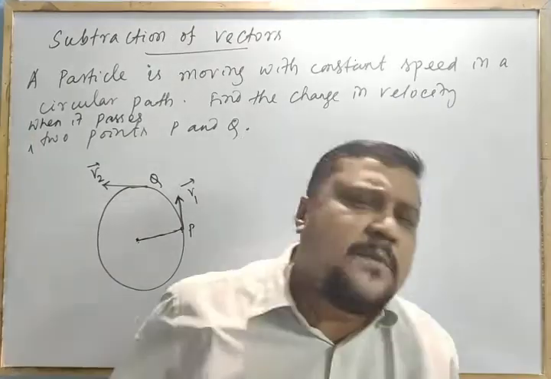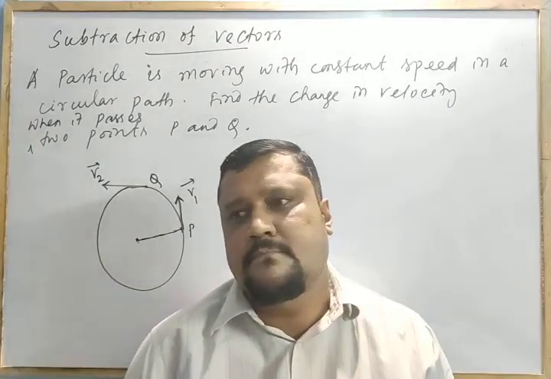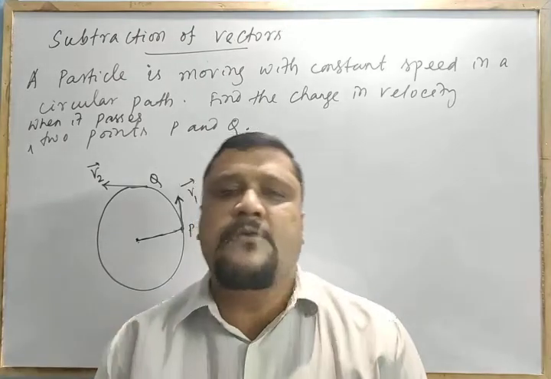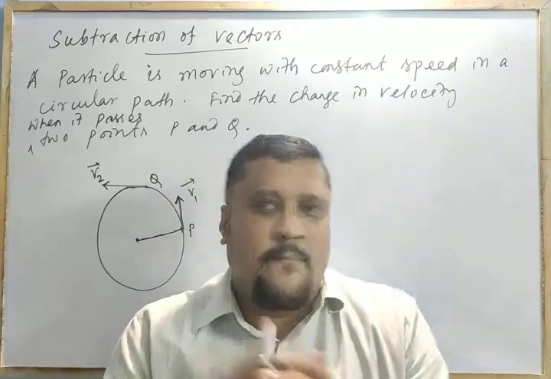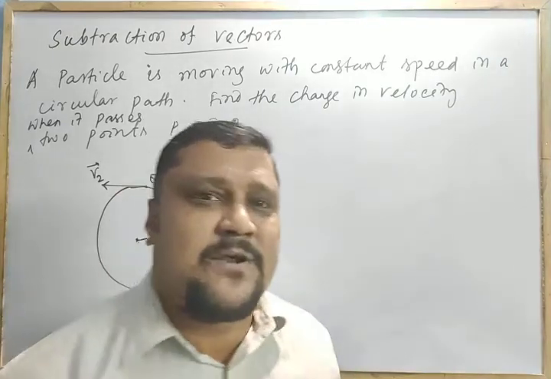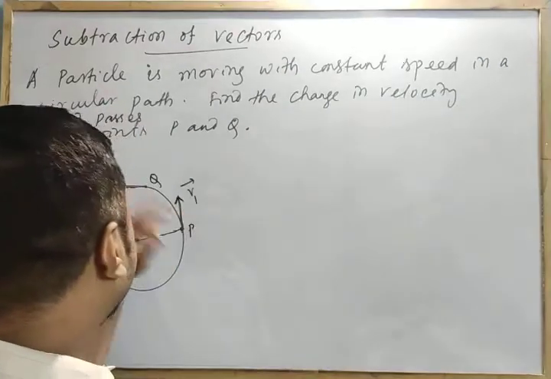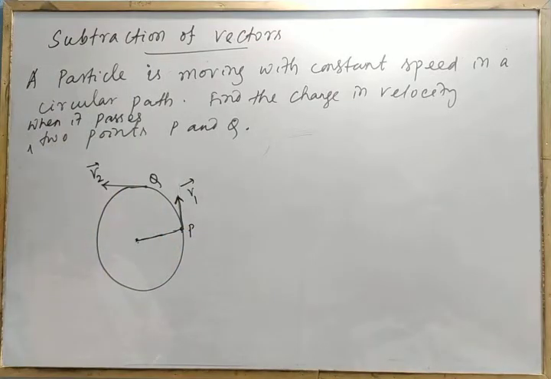My speed is 5 km per hour. My velocity is 5 km per hour towards north. Speed of 5 km per hour multiplied by north gives me a vector. The direction changes like this. Clear? So to know the change in velocity, I will use this concept of subtraction of vectors.